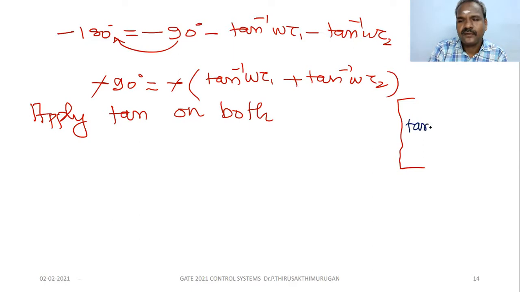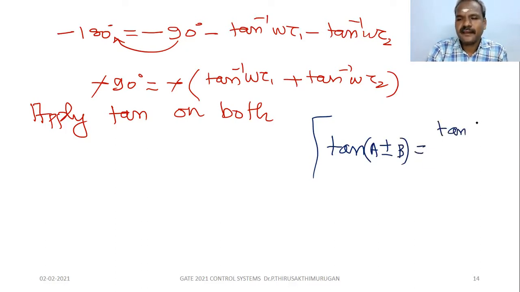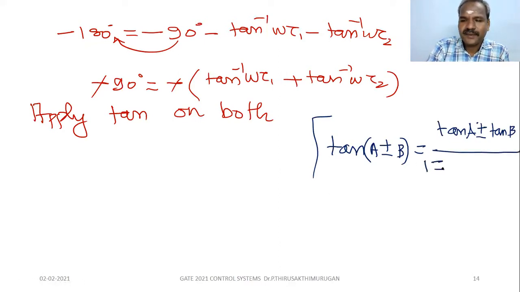So tan of (A plus or minus B) equal to (tan A plus or minus tan B) divided by (1 minus or plus tan A into tan B).